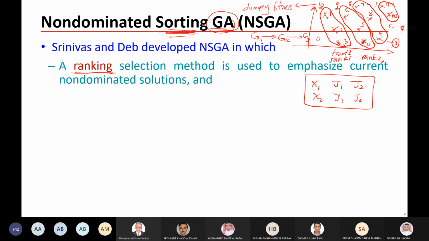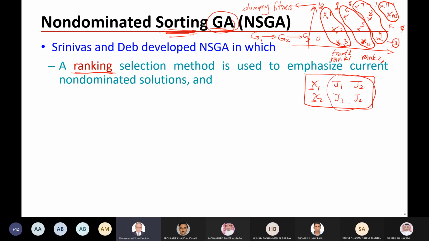Based on these objectives, you can identify whether this is a non-dominated solution or a dominated solution. Am I right? So this is the ranking. And how do we rank these solutions? How can we identify the non-dominated solution?